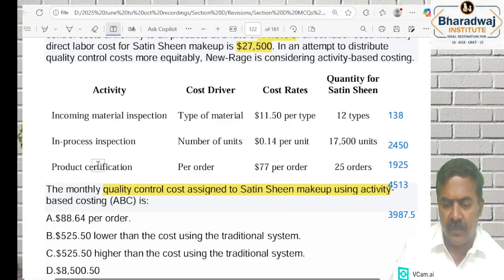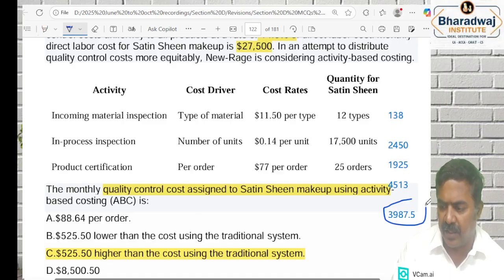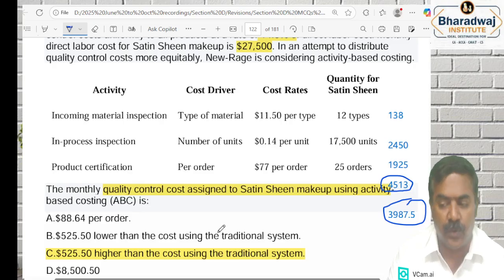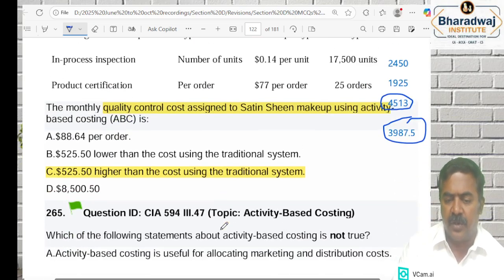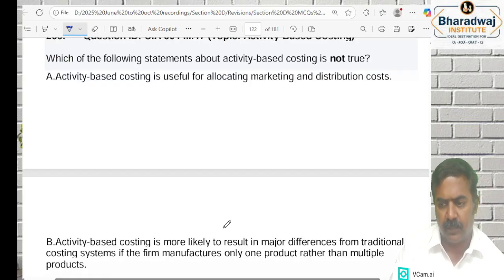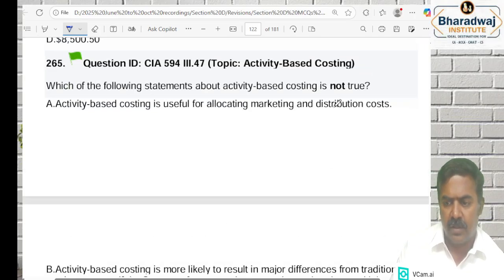So, it is higher. How much higher? 525.5. So, in the traditional costing system, we assigned only this 3987.5. Using the activity-based costing method, the proper cost is 4513. So, 525.5 extra, which is not true. Next, which is not true.